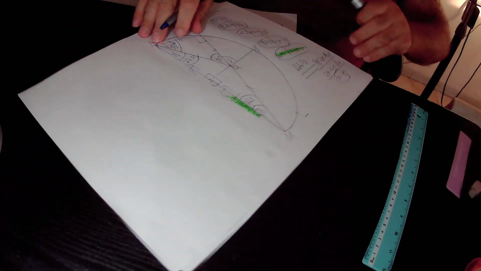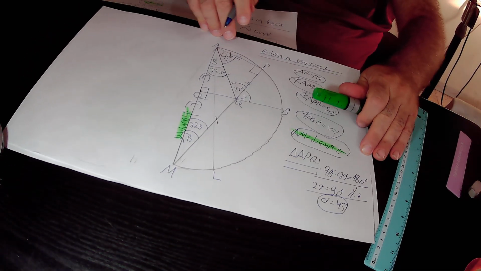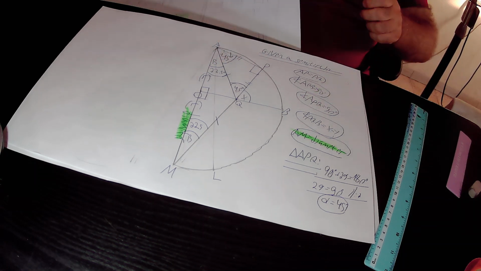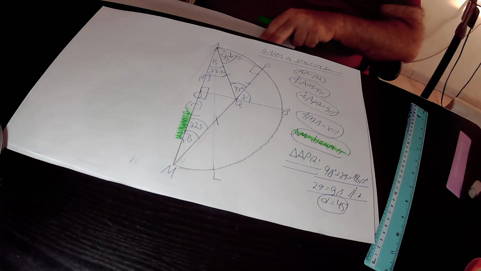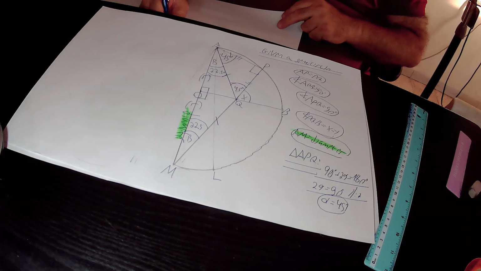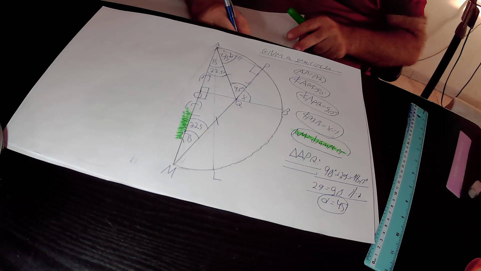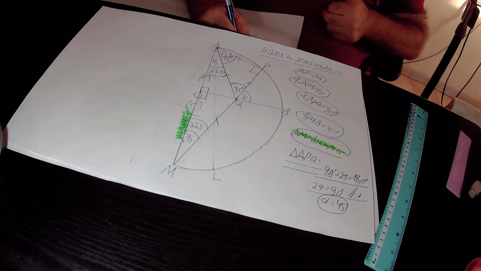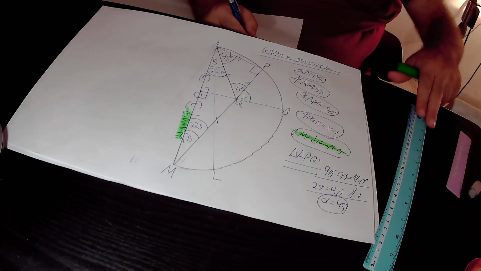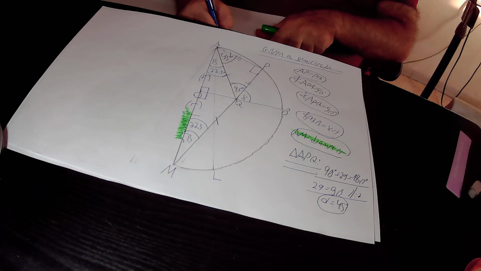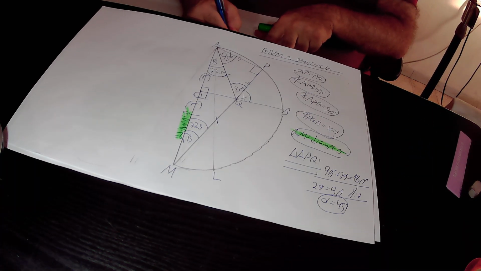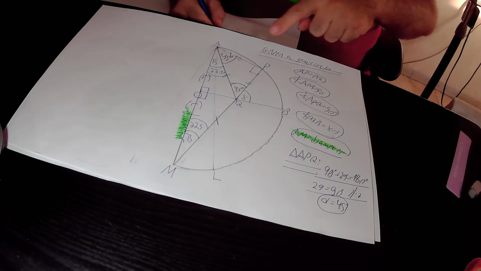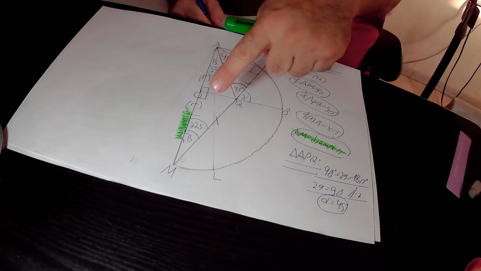In the next step, we will focus on the right lower triangle OQM. In the right lower triangle OQM, the sum of the angles must be equal to 180 degrees, according to the rule that the sum of the angles in any triangle is equal to 180 degrees. So which angles do we have in the right lower triangle OQM?